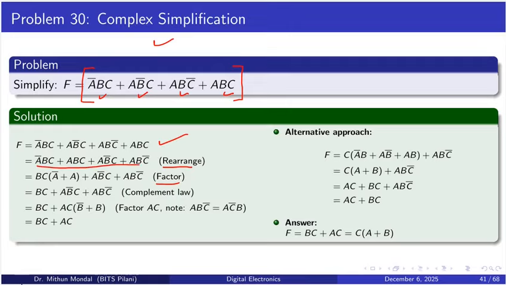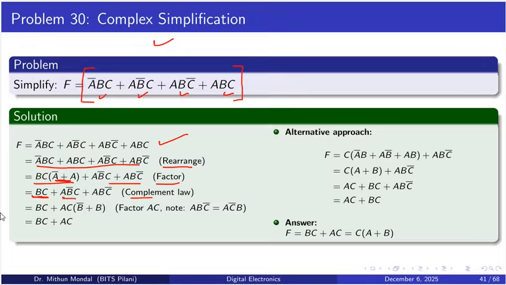Now if we arrange the first expression in this format, just changing the placement, and then we do the factorization properly, here we have a bar plus a, which is equal to 1, and that will give me bc here, and then we apply the complement law.